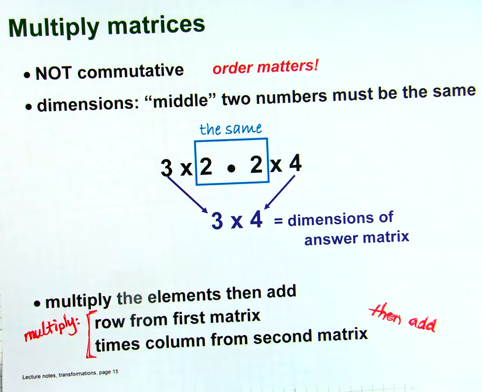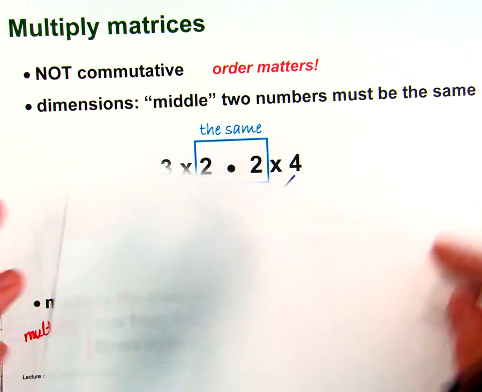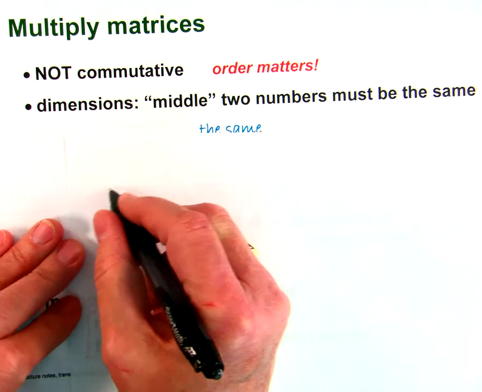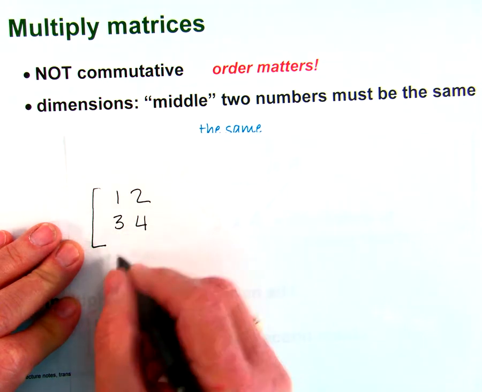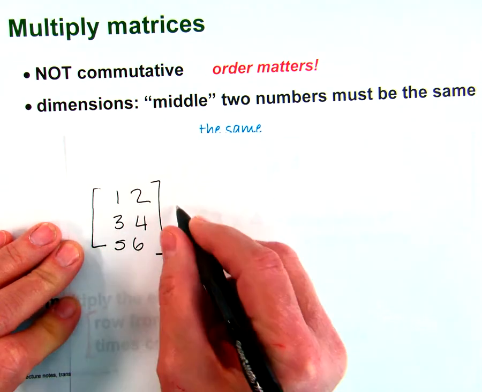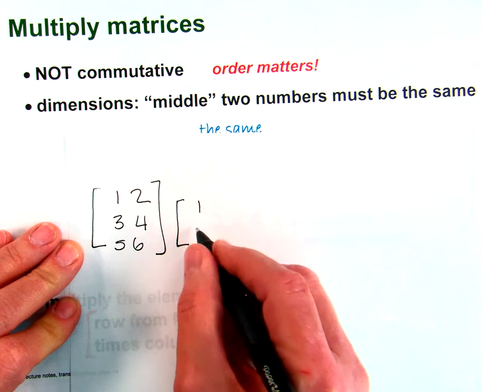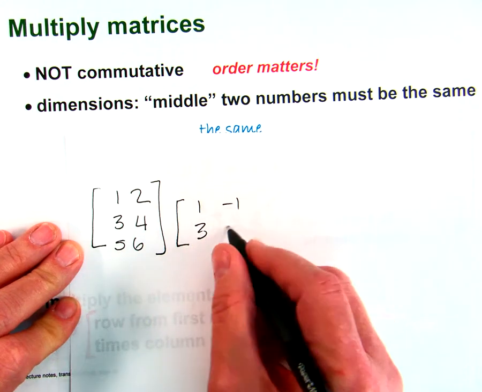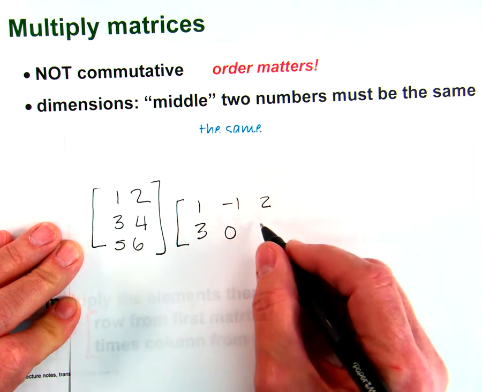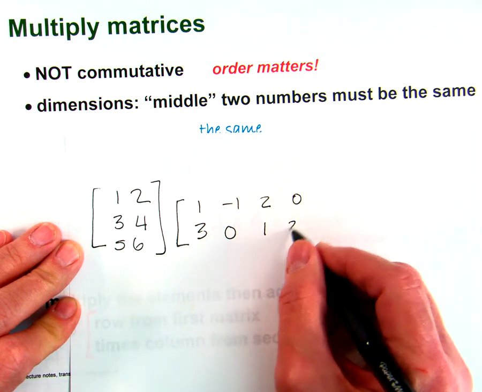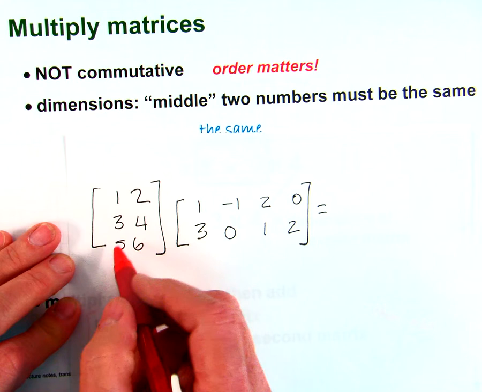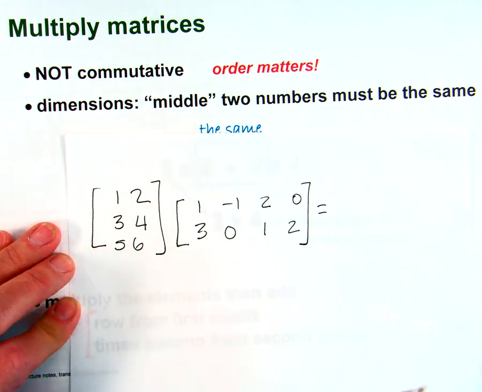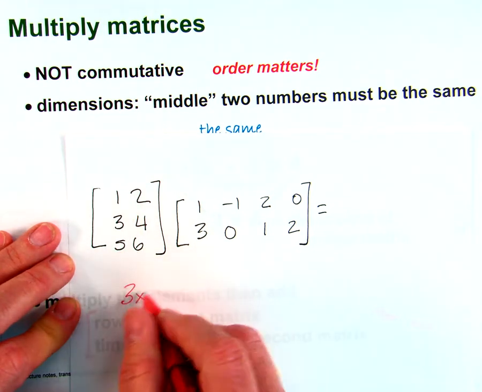I'll show you how that's done. So I'll start with the matrix, and I want to multiply it by this one. Let's see if I can do that. Okay, the first matrix is 3 rows and 2 columns, so it's 3 by 2.